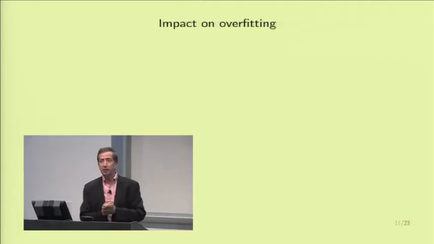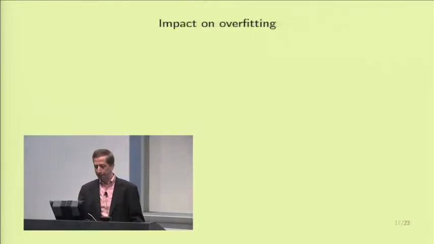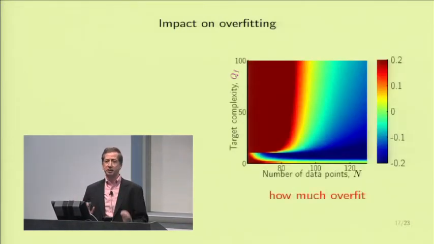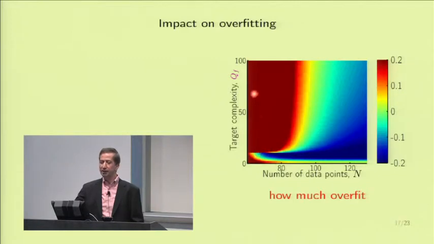So now let's see the impact on overfitting. Okay. This is what we have seen before. This is the case where we have increasing target complexity, so increasing deterministic noise in the terminology we just introduced, and the number of points, and red means overfitting, so this is how much overfitting is there.